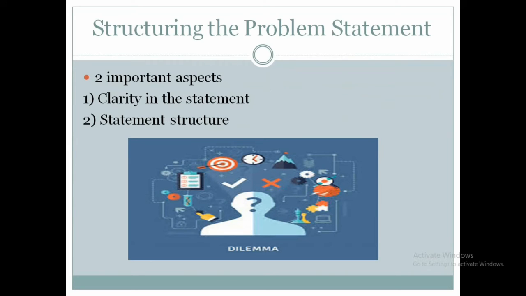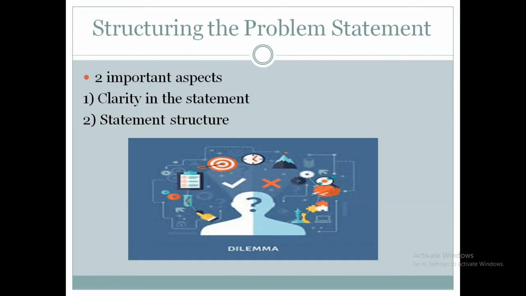Now our next component, that is structuring the problem statement. Two aspects are important to achieve clarity in the statement of the problem, and the first important aspect is to consider the sentence structure, or syntax as well.